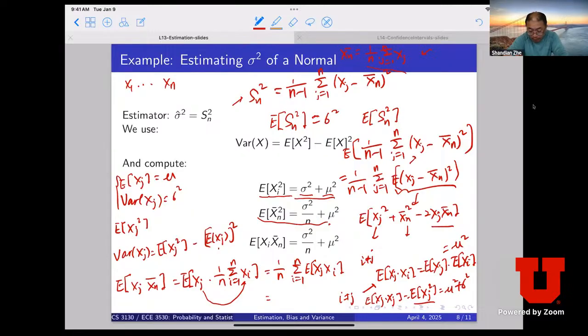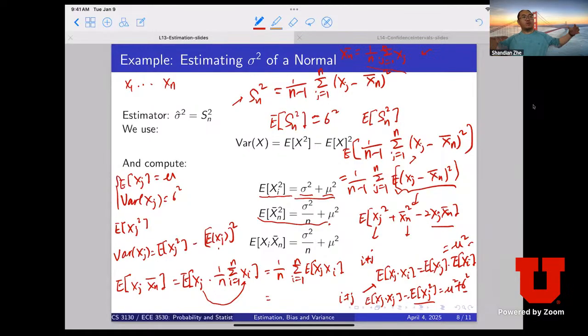Okay, so then when we add them together, you see that for every product, the expectation will always contain mu square, right? There's only one case where i is the same as j. Your expectation has an additional term, sigma square.